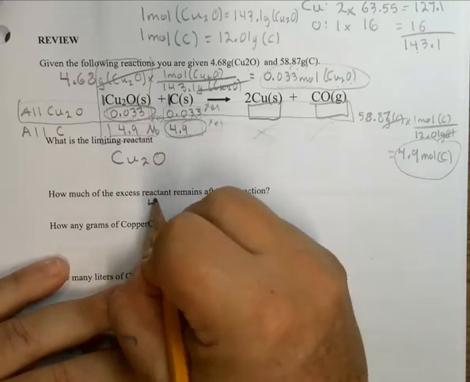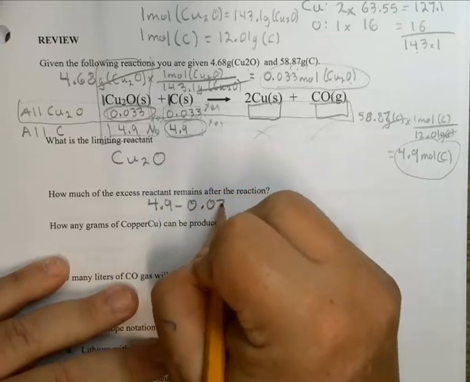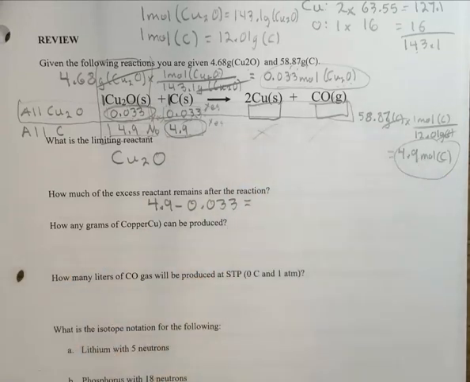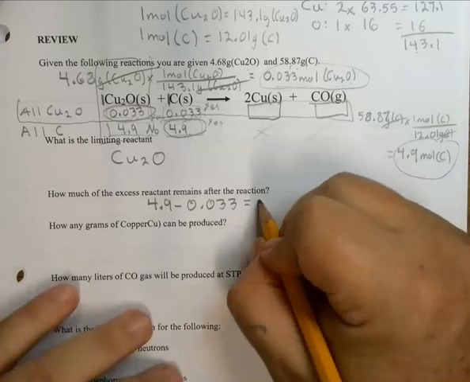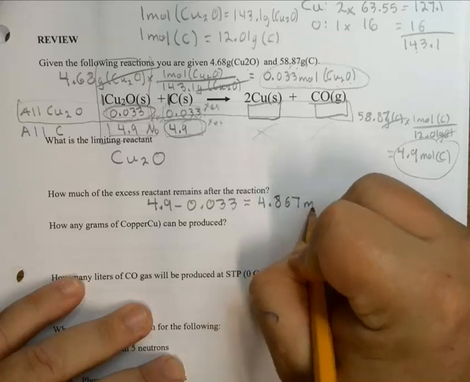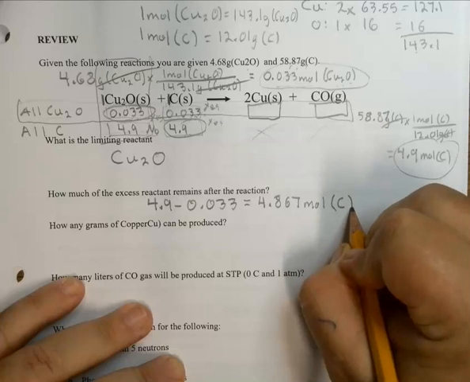We're going to have a lot left over. 4.9 minus 0.033, and what's that equal? That gives us 4.867 moles. We're still working in moles of carbon that is left over, in excess.